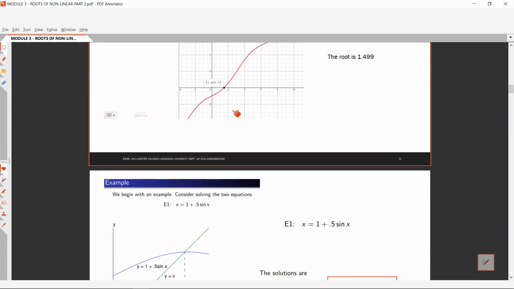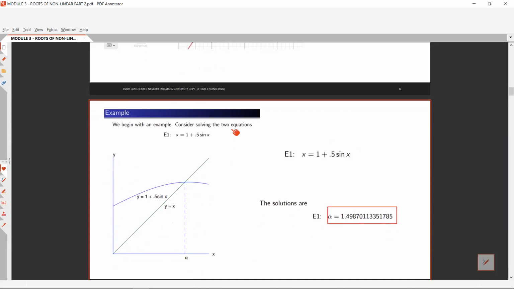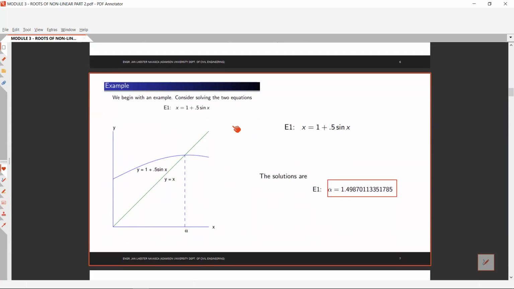So what does the fixed point iteration do?